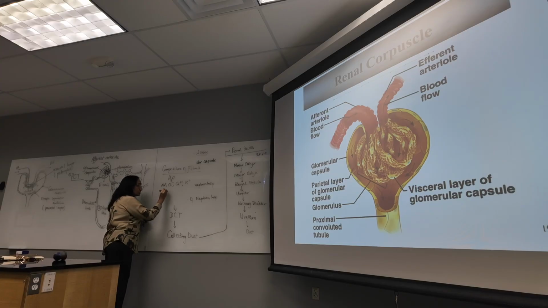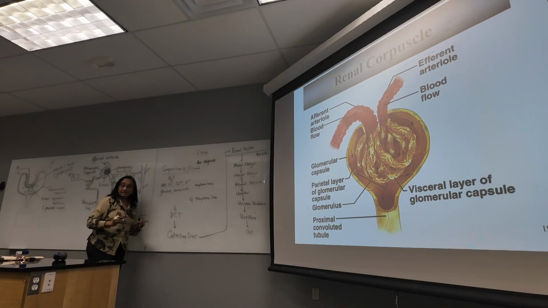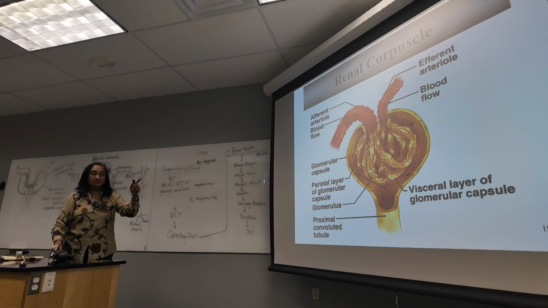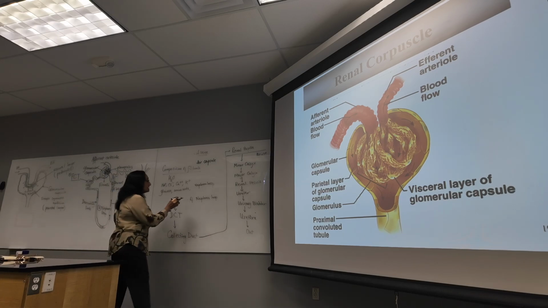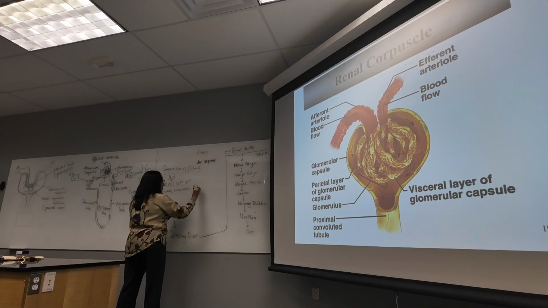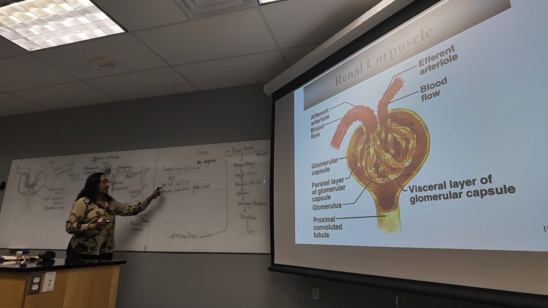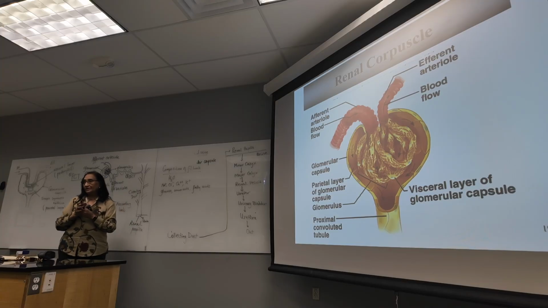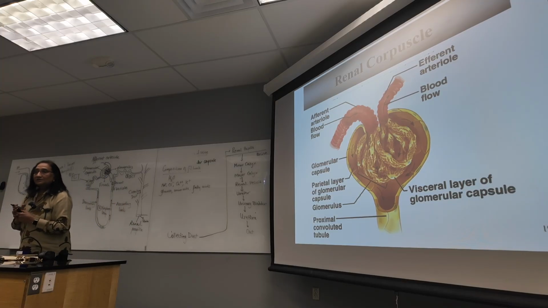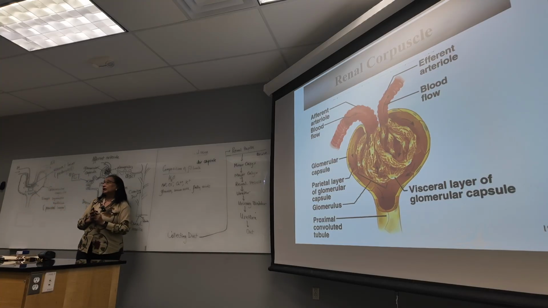Glucose, tiny molecules, amino acids, fatty acids, anything that is fat soluble can also easily come out. Even if charged, being tiny, they can come out easily. So size is one factor and charge is another. If it's a larger molecule with a charge, it will not come out.